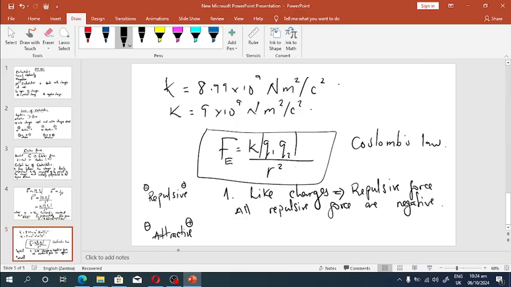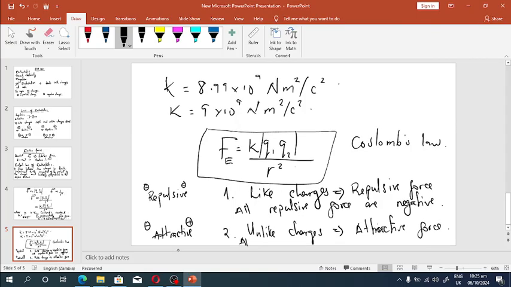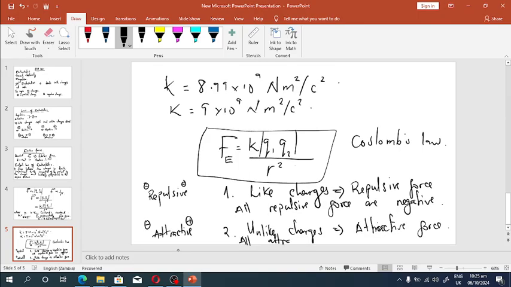So if Q1 is a positive charge and Q2 is a positive charge, the electric force we get between the two charges, because they are like charges, is going to be negative. On the other hand, the second point is that for unlike charges we have attractive forces, and all attractive forces are positive.